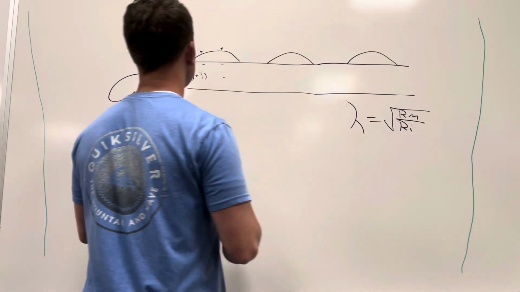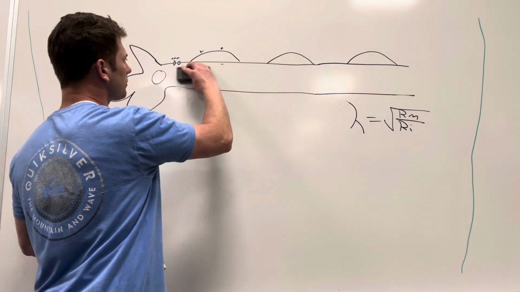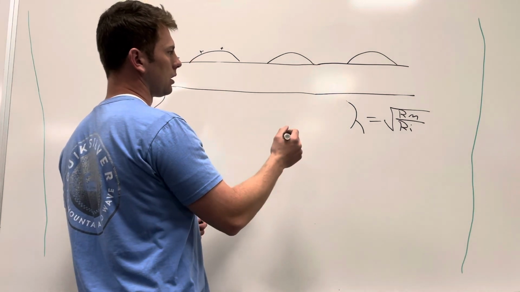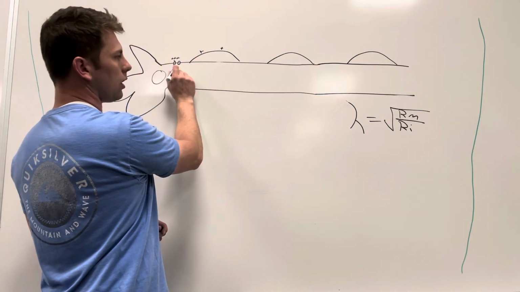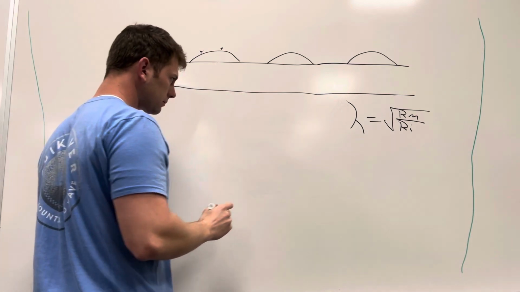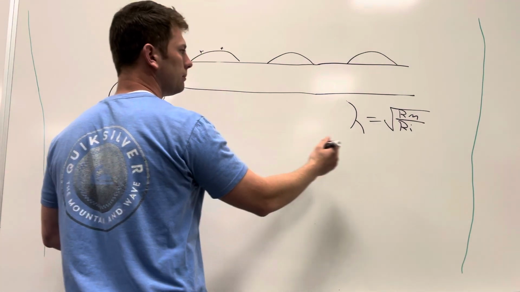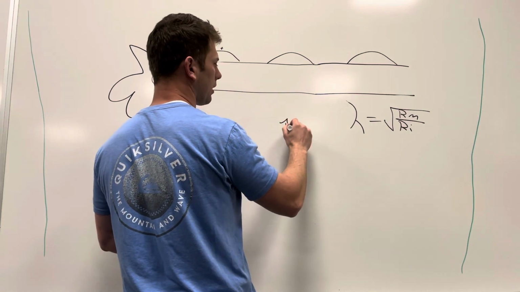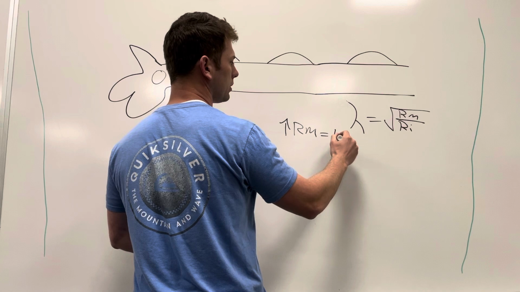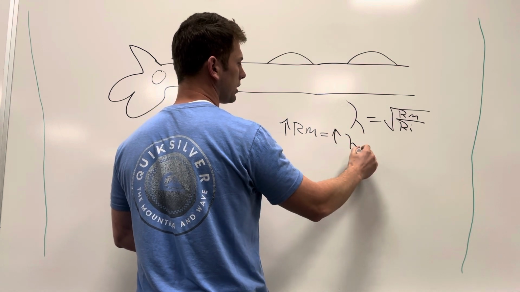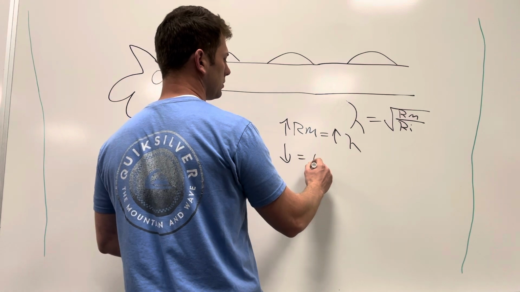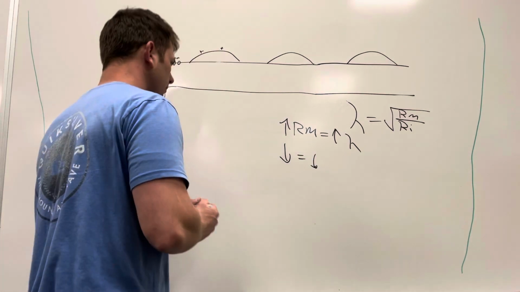Okay, so last thing, we have low Rm here, but high Rm in the myelin. And so high Rm is equal to increase of length constant, whereas low equals low length constant.